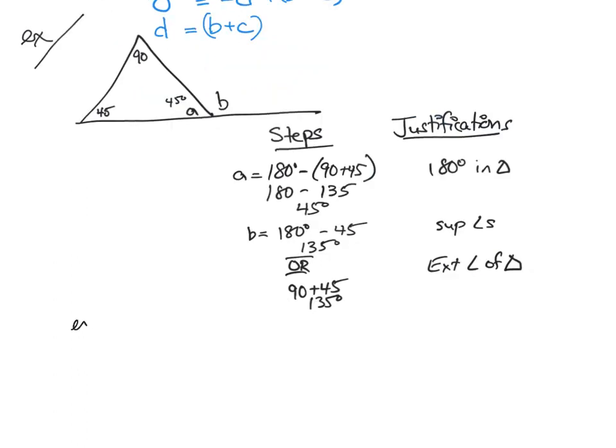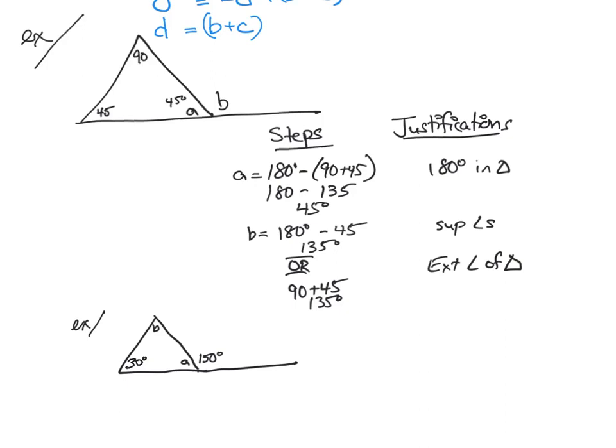Another example you could see is if you had the outside angle, so let's say that this was 150 degrees, and you didn't know A and you didn't know B, and this here was 30 degrees, for example.